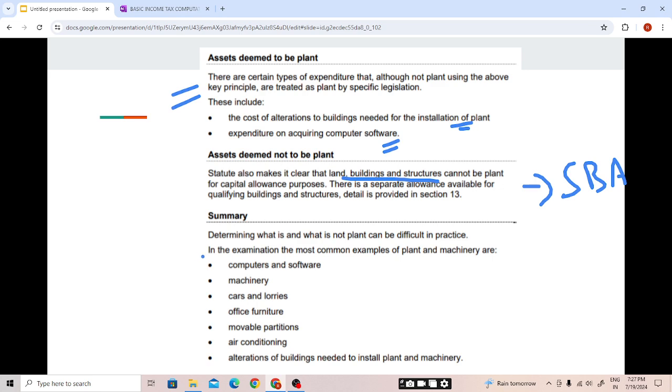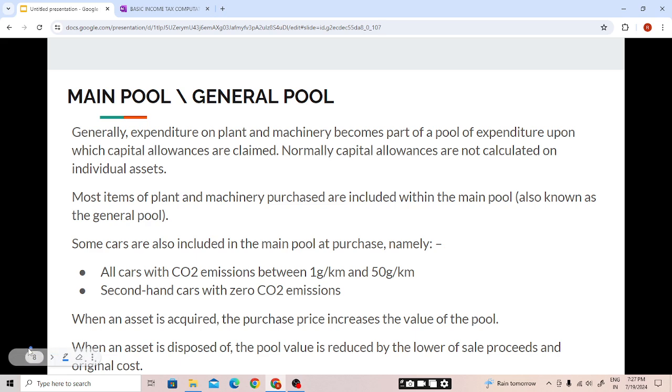And students, these are the few examples of plant and machinery which are most tested in your examination: computer and software, machinery, cars and lorries, office furniture, movable partitions, air conditioning, alteration of buildings needed to install plant and machinery. I hope this is clear.